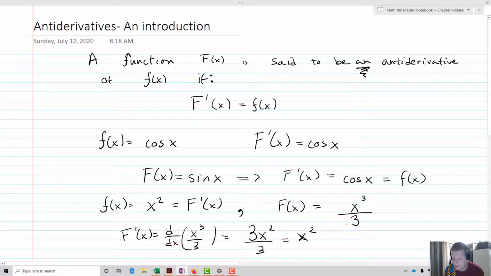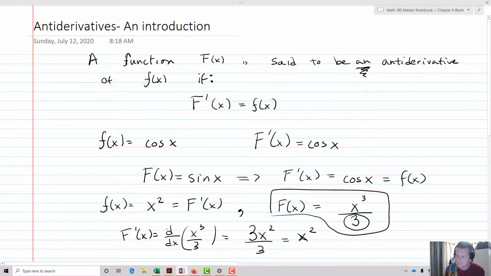Basically this division is accounting for the fact that we did multiplication when we took the derivative. So when we take the antiderivative, we're going to be doing division. And that's going to be a really important part, this whole idea that we're reversing a process. So the antiderivative for x squared is x cubed over 3.